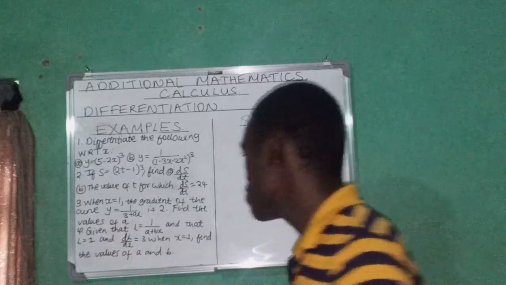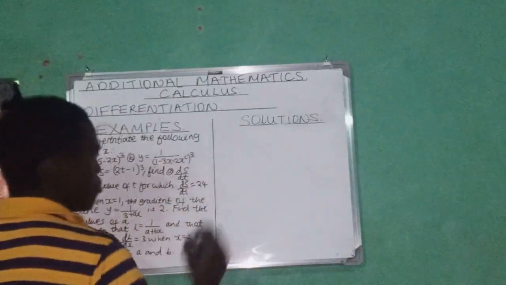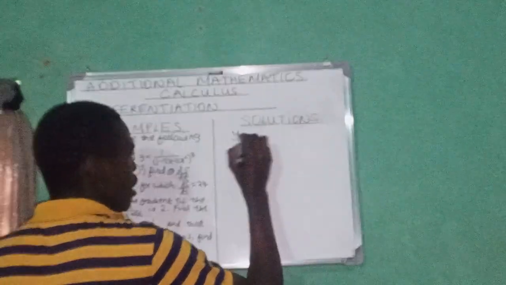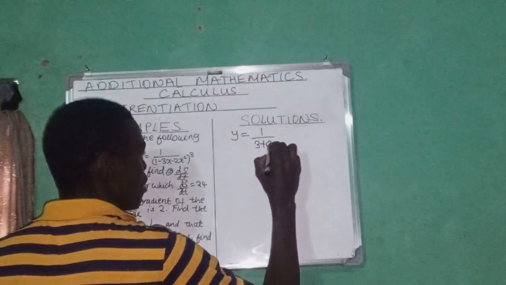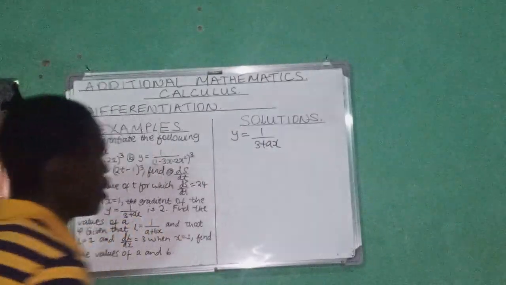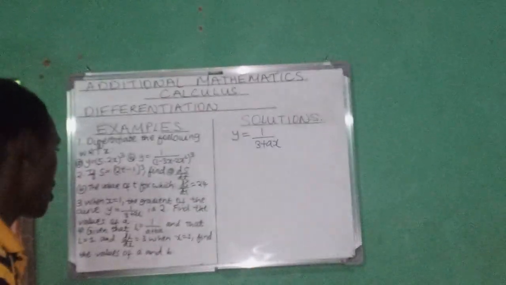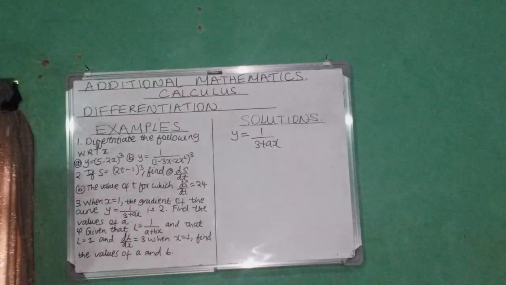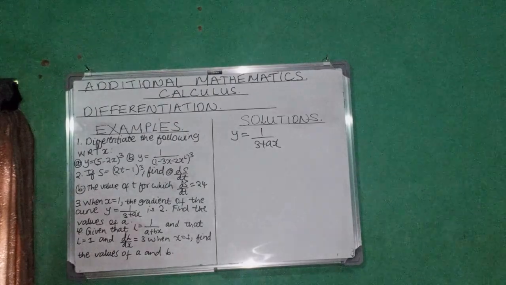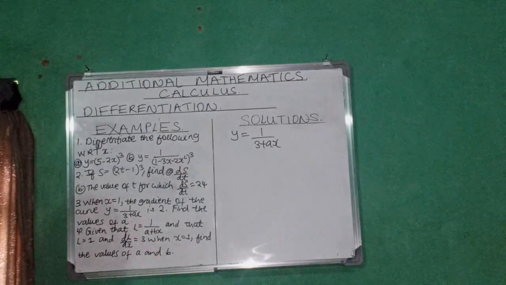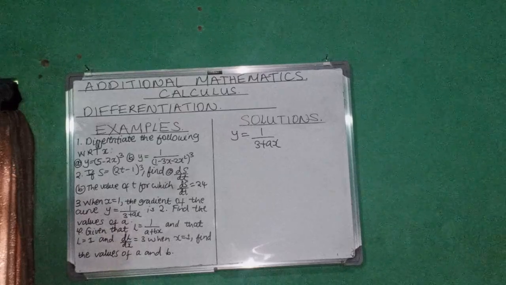The first thing we do is write the equation: y is equal to 1 divided by 3 plus ax, and we are saying the gradient of the curve when x is equal to 1 is 2. Then we have to find the values of a.